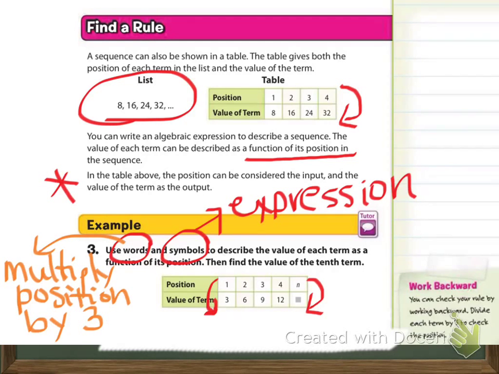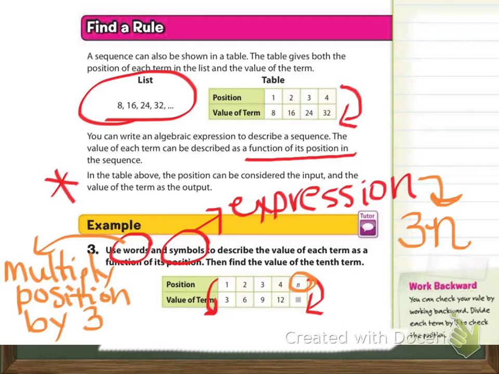Now, writing it in symbols as an expression would be, I'm going to go over here to the lined paper, and I'm going to say, well, they're talking about a value of n, so I'm going to use this as n. We're going to multiply 3 times n. So talking about the expression or the symbols, I would say 3n.